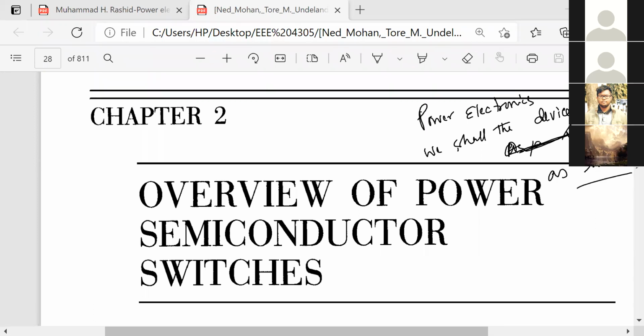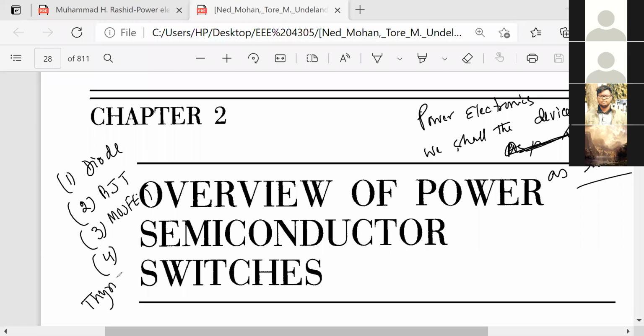Grammatically, it should be as switches. So not in the active mode or amplifying mode, we shall use these power electronic devices as a switch. In this class, we shall basically use 3 switches. One is the diode, another will be, say, BJT, maybe another will be, say, MOSFET, another could be a thyristor. Are you familiar with the term thyristors?